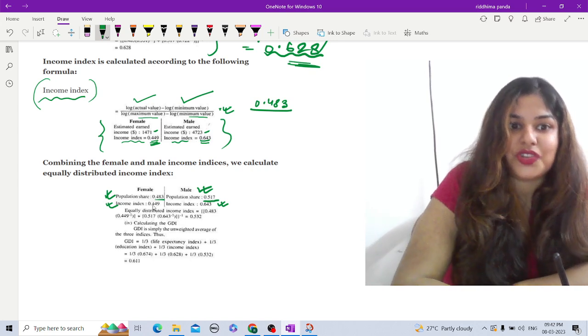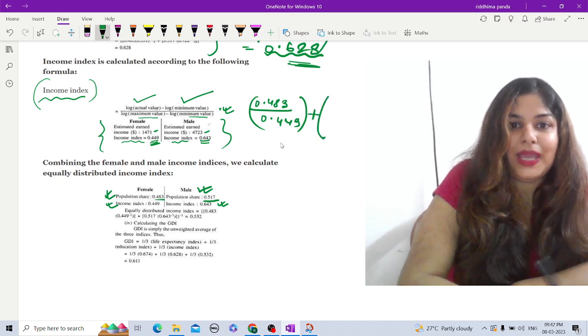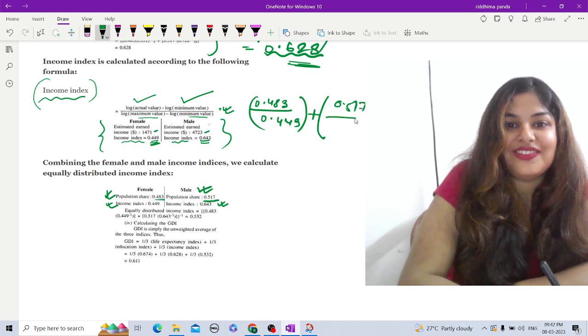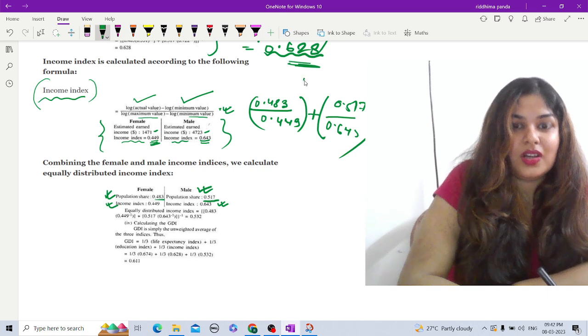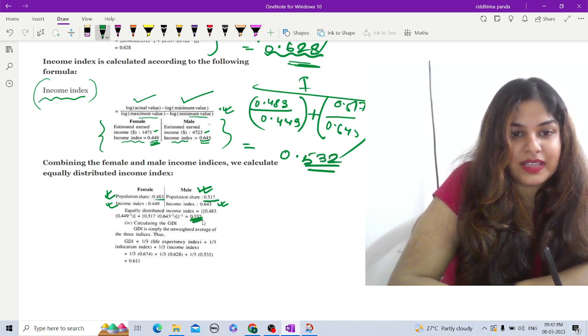It is 0.049. Done. Plus for the male, population share 0.517 divided by 0.643, and this is the reciprocal of it, right? 1 by. So the answer is 0.532. Here we have calculated it.